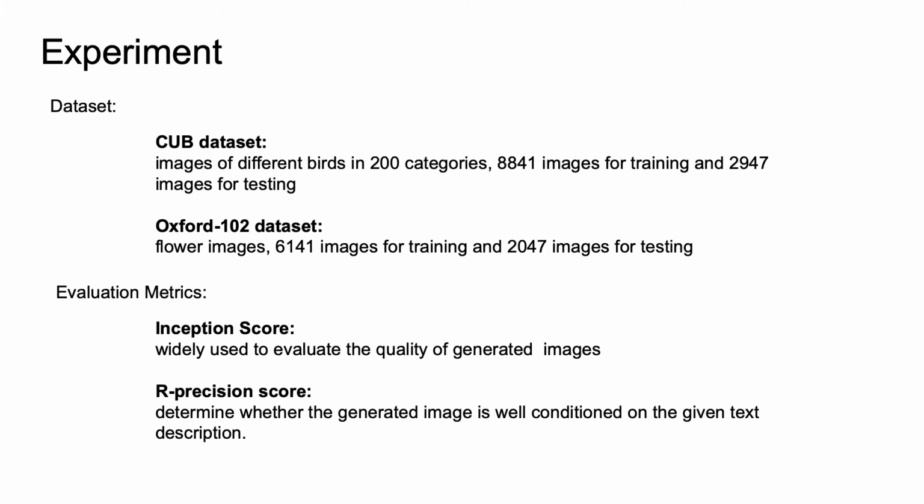Inception score has been widely used to evaluate the quality of generated images, and our precision score is a method to determine whether the generated images are well conditioned on the given text description.